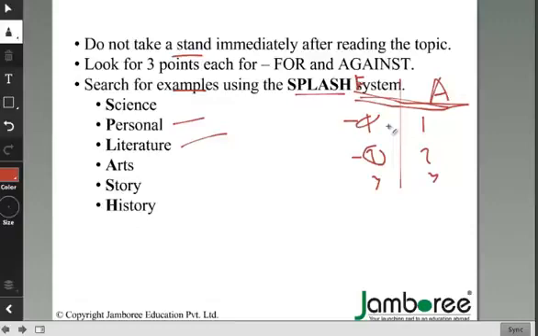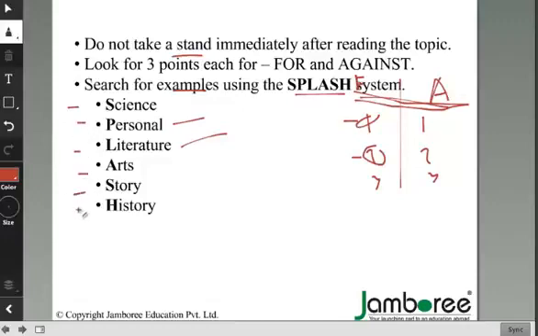So once you go through these headings, ask yourself, do I have any story related to this? Do I have any examples from history to substantiate this point? These are some broad categories which will help you find examples.